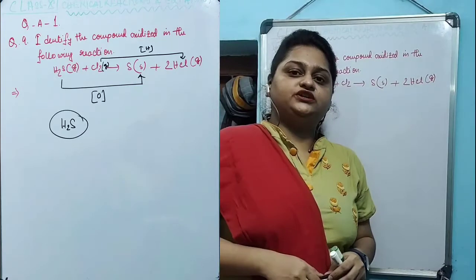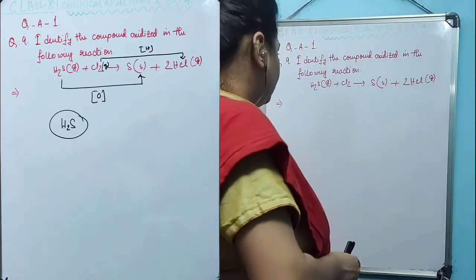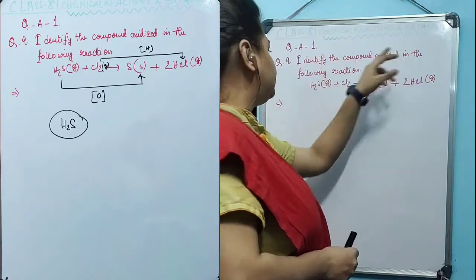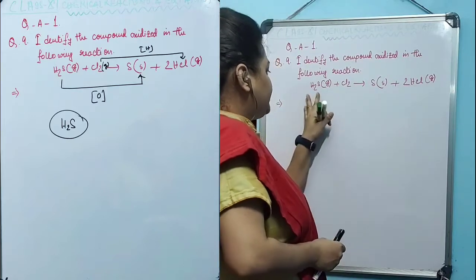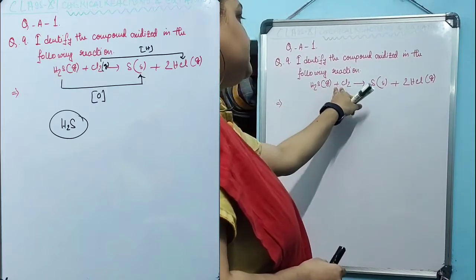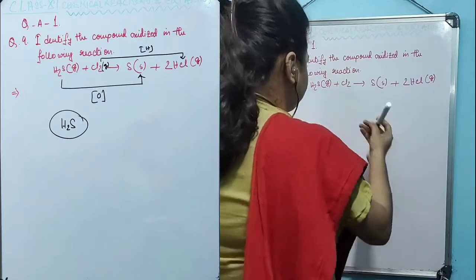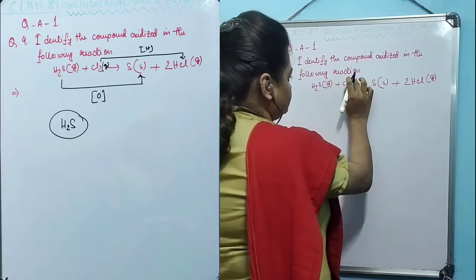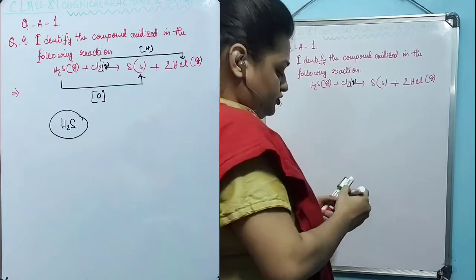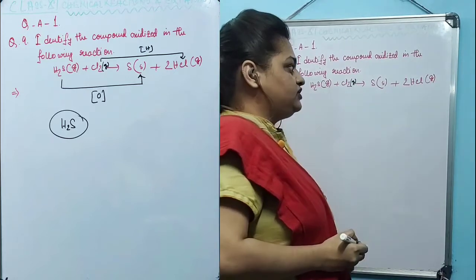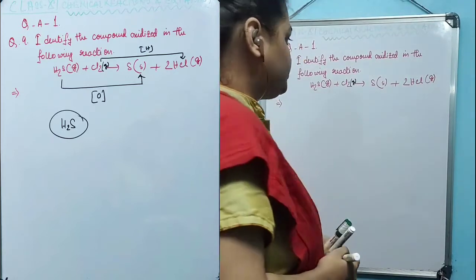The final question is saying, identify the compound oxidized in the following reaction. The reaction given is H2S gas plus Cl2, which is also a gas, producing sulfur in solid form plus 2HCl in gaseous form.